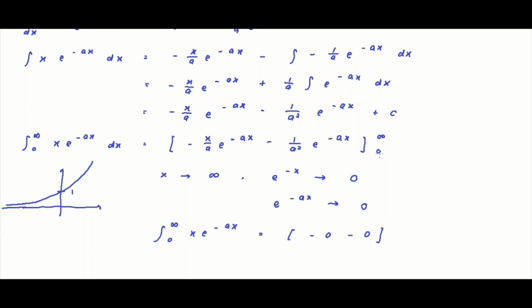After that, let's look at the 0. You can see 0 over a. So maybe you can just write down first: negative 0 over a e to the power of 0 minus 1 over a square e to the power of 0. So 0 over a, you are getting 0, right? So you are only left with this part. e power 0 gives you 1. So your answer will be 1 over a square.